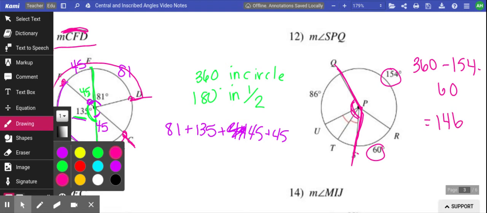Okay, so that means what we have left. So this side over here has to equal 146. And this outside arc measure is the same as the central angle. So your answer is 146 degrees.